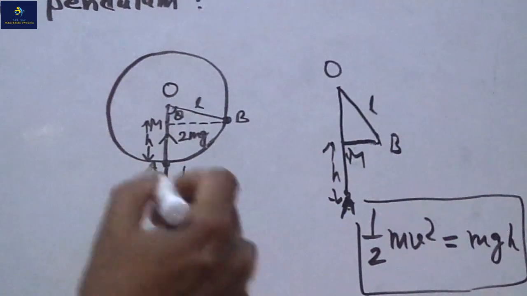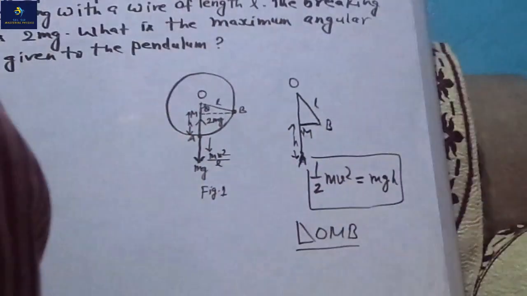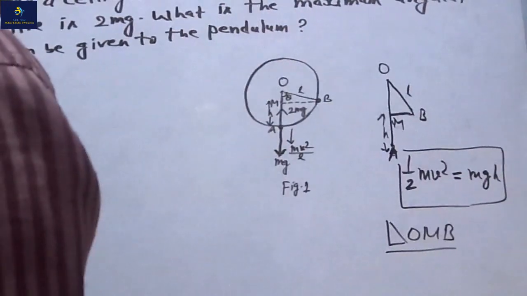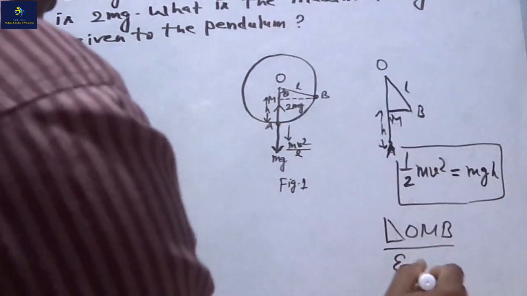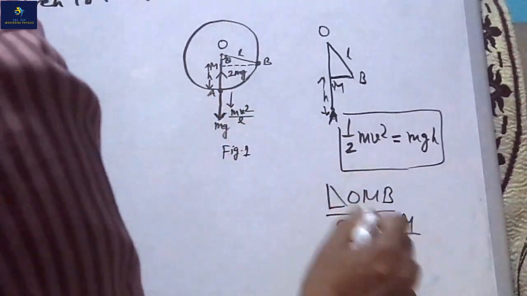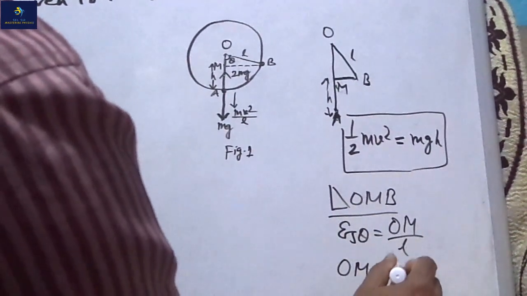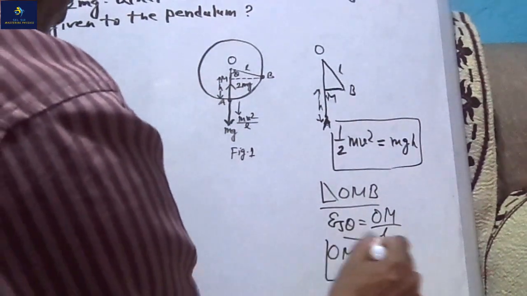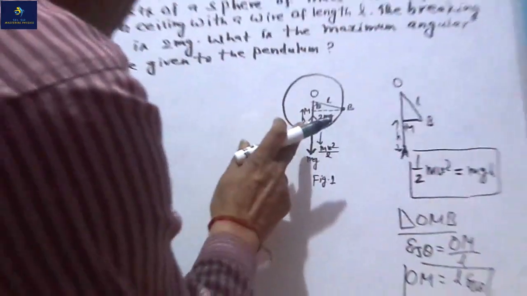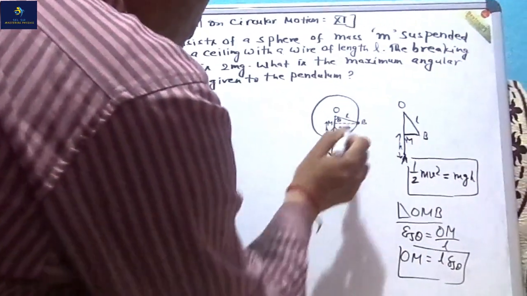In the right angle triangle OMB, we define cos theta, so cos theta is equal to OM over OB, that is OM over L. So OM can be defined as L cos theta, and with the help of this length OM we can find the height gained by the sphere of mass m from the position A to the position B.